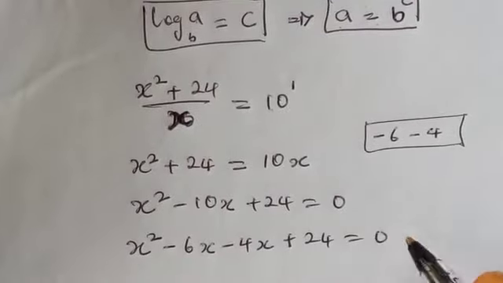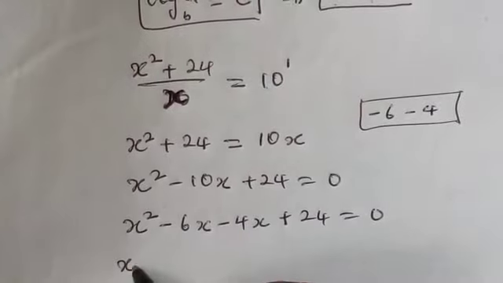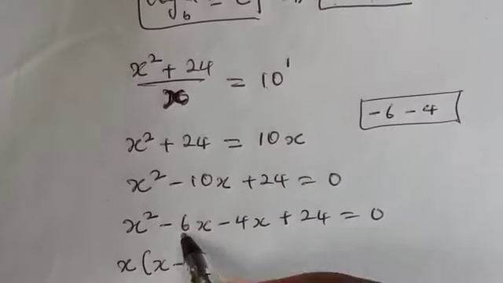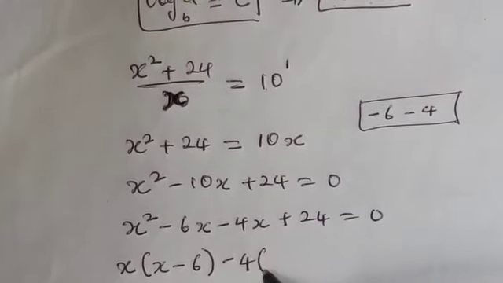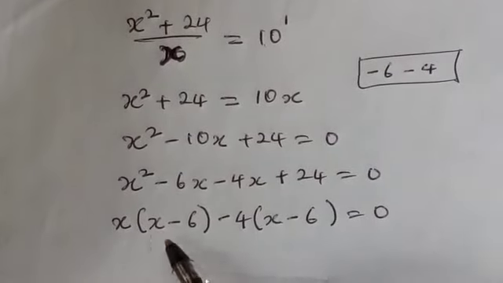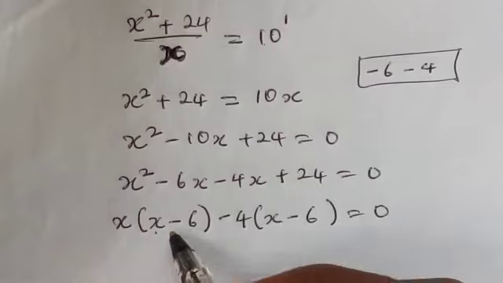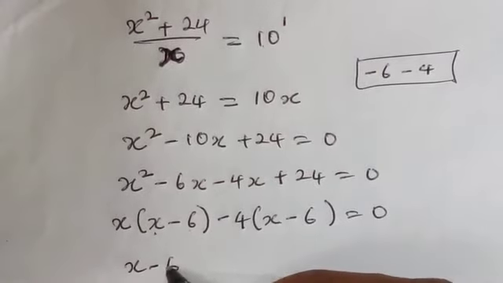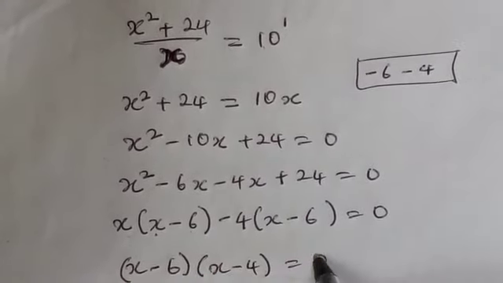Then by factorizing x out of this, that will be x into x minus 6. Then by factorizing 4 out of this, that will be minus 4 into x minus 6. So we now have x minus 6 here and x minus 6 here, so by factorizing x minus 6 out of both, that will be x minus 6 into bracket x minus 4 equals 0.